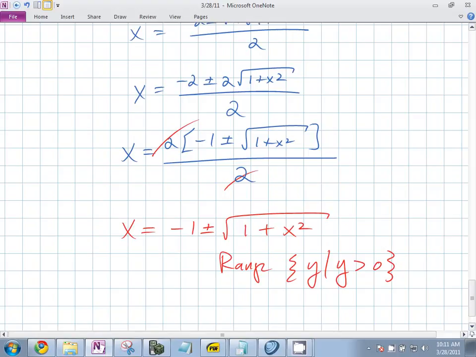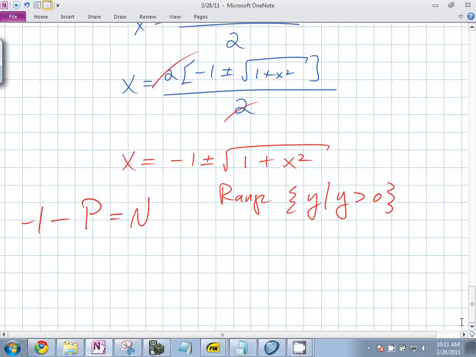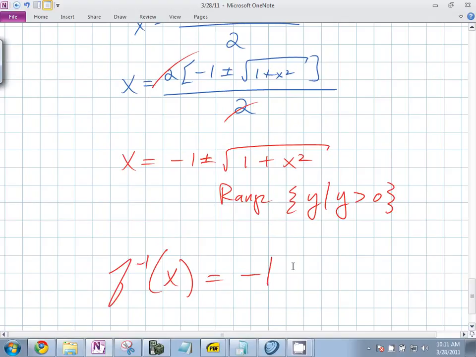Okay, if you have -1 minus a positive number, what's that going to be? A negative number, right? If you had -1 plus a positive number, it could be positive. So what do we want that to be? We want it to be positive. So our guess for f inverse is going to be -1 plus the square root of.